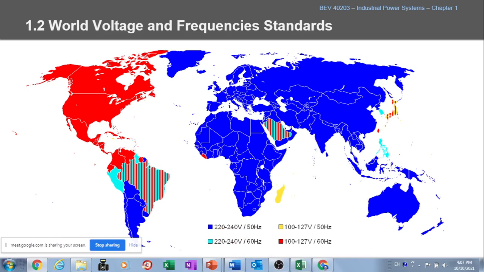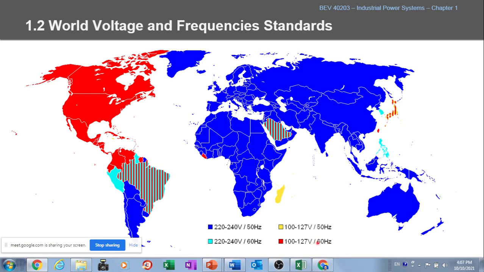The red color is mostly Canada, the United States and Japan, and this one is Saudi Arabia, and one very small country in Africa here, I think it's Liberia. They, including Taiwan, practice 100 volts, 60 hertz.